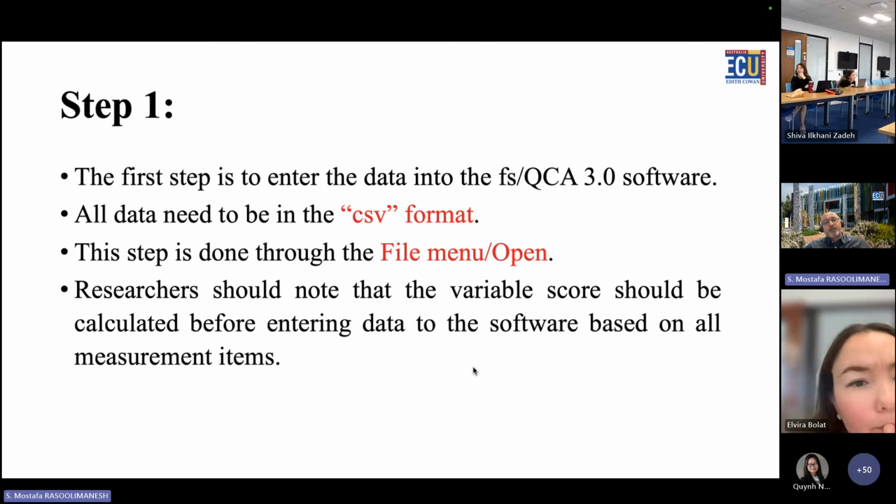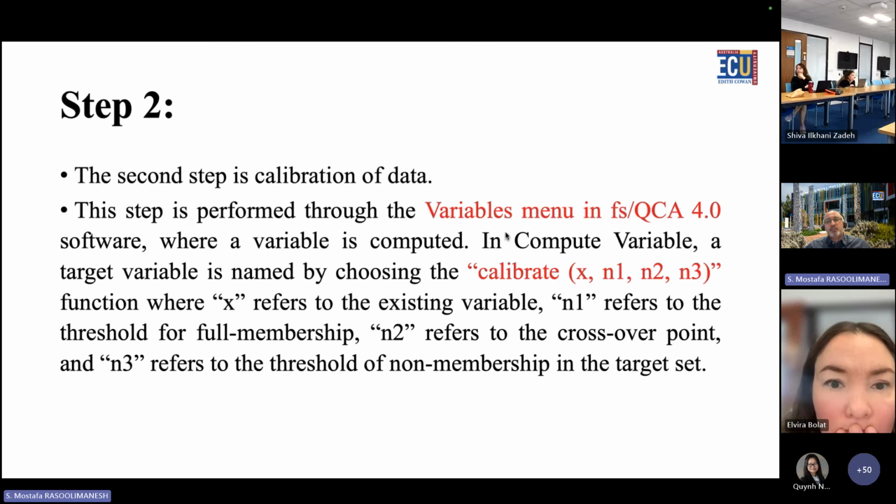And then, after opening your data, you need to calibrate. In the chapter, we explain what type of function you can use. You can use the calibrate function, where x is the variable that you want to calibrate, n1 is full membership, n2 is crossover, and n3 is full non-membership.